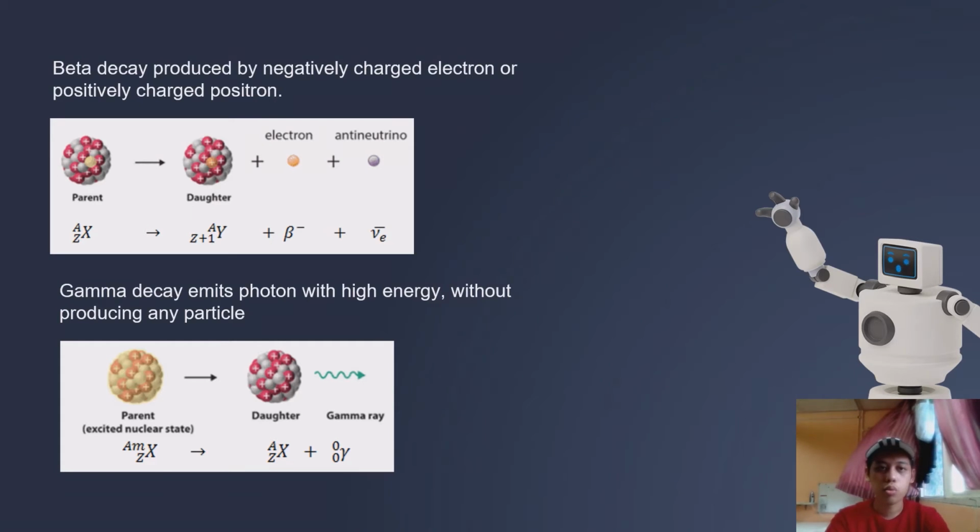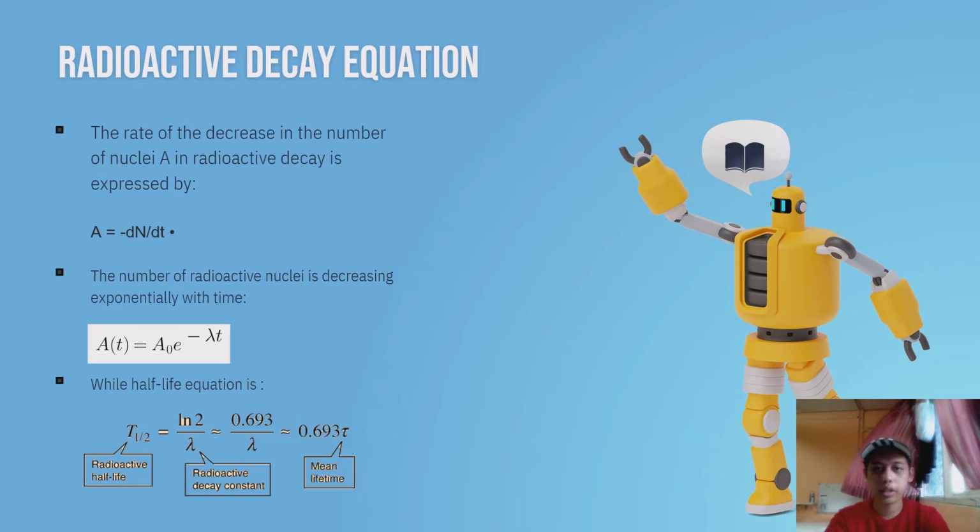So next we move on to the radioactive decay equation. So now we're gonna take a look at the equation. The rate of decrease in the number of nuclei in radioactive decay is expressed as A equal to negative dN per dt, and also the number of radioactive nuclei is decreasing exponentially with time.